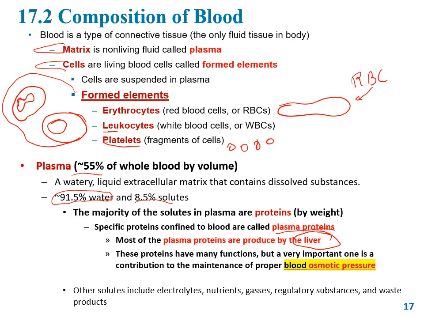Now, why do you need proteins in the plasma in the first place? A lot of the function for these proteins is really to keep this thing that we call osmotic pressure. Okay, so let's look here at what that means. Let's say here you have a cell, any cell.